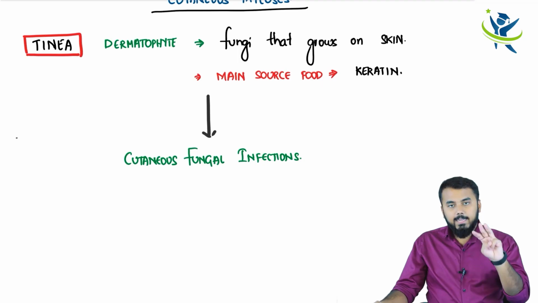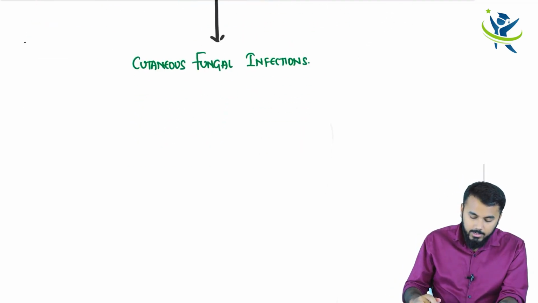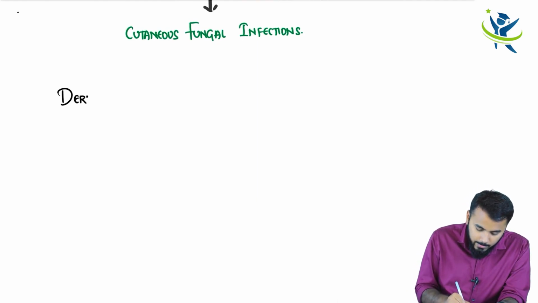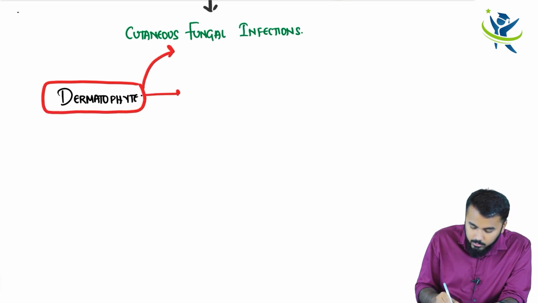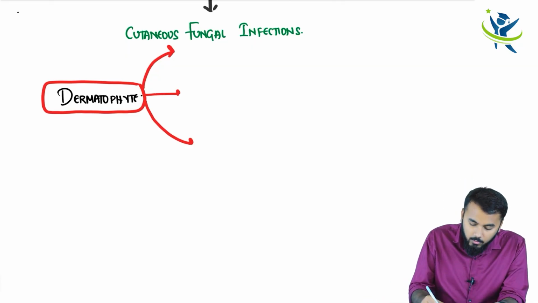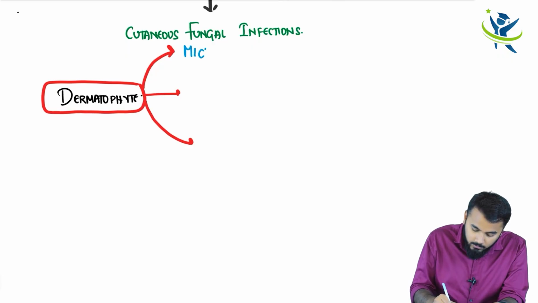Now there are three types of dermatophytes. What are these three types? One is called Microsporum.